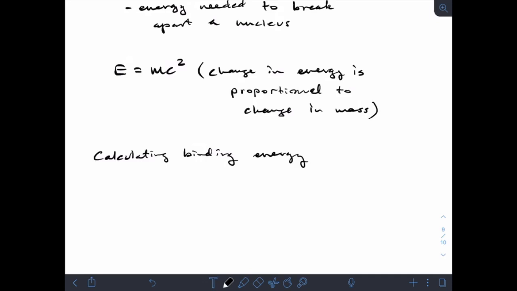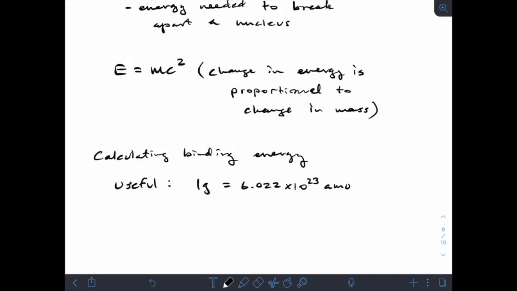Calculating binding energy. There are a couple of things that will be useful to you in doing these problems. One is the knowledge that 1 gram is equal to Avogadro's number worth of AMU, because we need mass, not atomic mass units.